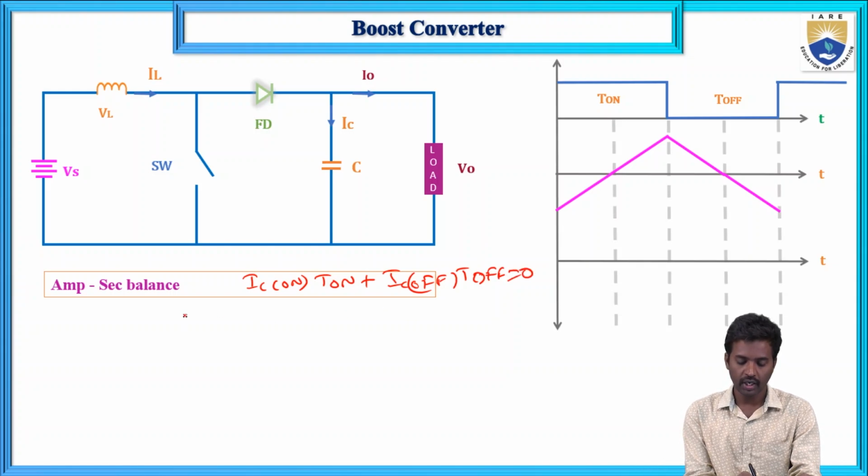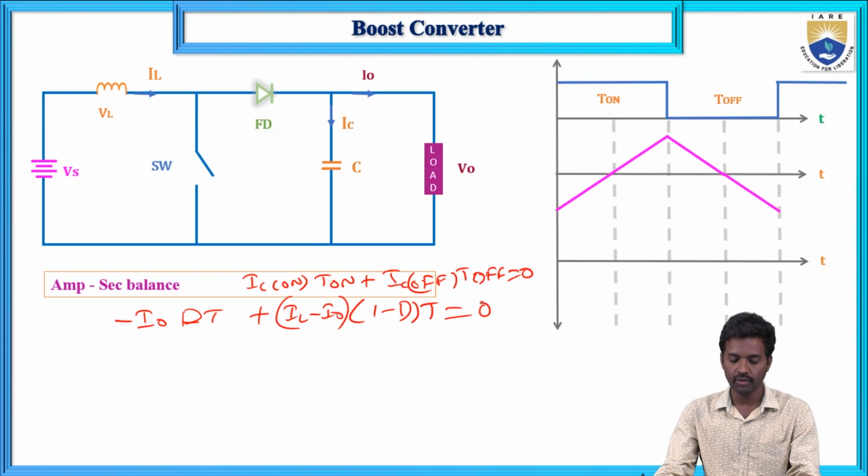Now here IC on equals minus I naught, when the switch is on. That is multiplied by DT, T on, plus, next, (IL minus I naught) into (1 minus D) into T.